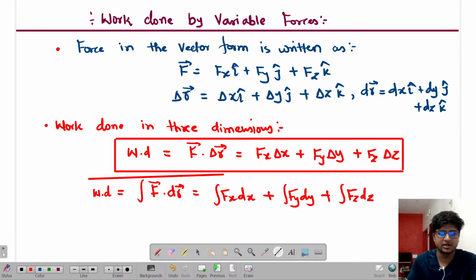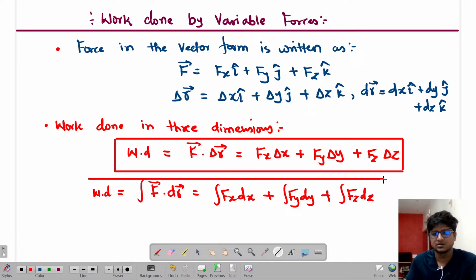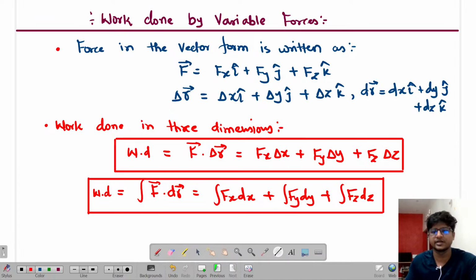This is the form of work done when you consider the 3-dimensional variable form. Are you able to get me or not? Means each term will be integrated. Got it? So we'll pick up one small problem, and then we'll move ahead.